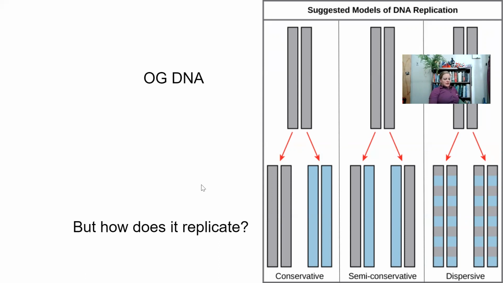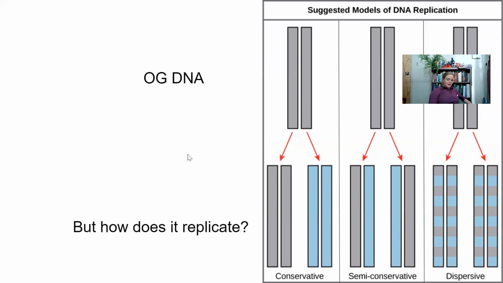So that was the question: how does it actually replicate? What we knew at the time was that about half of the genetic material was conserved and half of it was new, so they wondered how this actually works.